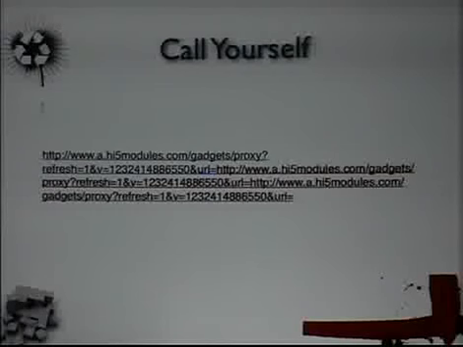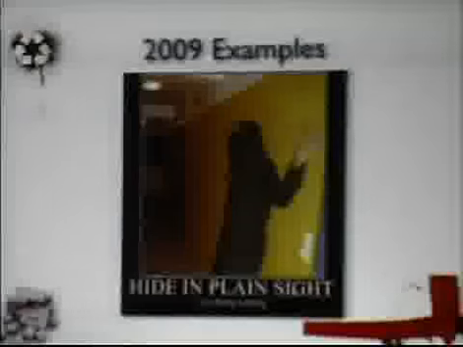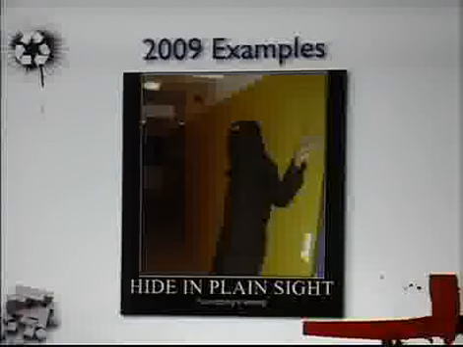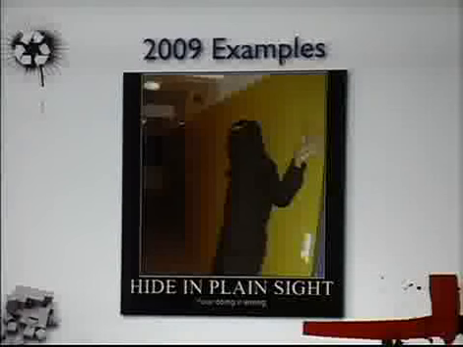The only thing you're really limited by is the length of the URL, and if your browser chokes, or if there's something in the API that restricts the length of the URL. But if there's one redirect in that loop and you're not violating any of those, it'll just keep going and going and going, which is always fun. So I'm going to talk about a couple of examples from 2009 where people are just doing it wrong.